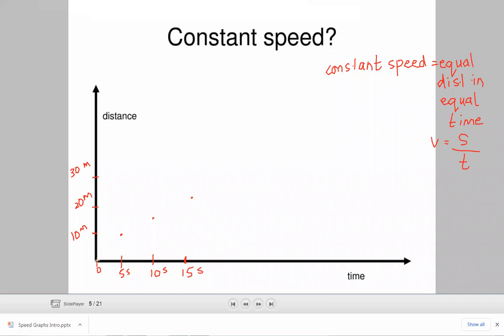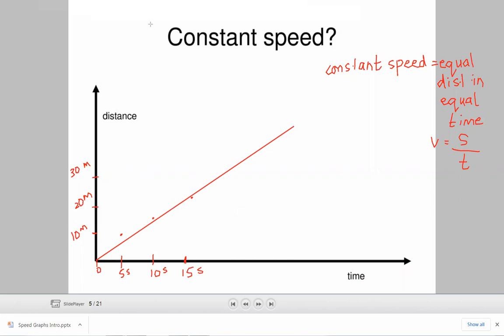A straight slanting line represents constant speed. A straight slanting line on the distance time graph represents constant speed or uniform speed or constant velocity because this is representing equal distance covered in equal amount of time.